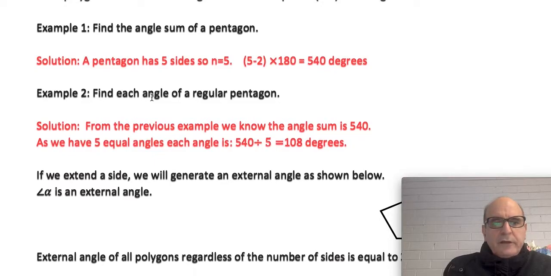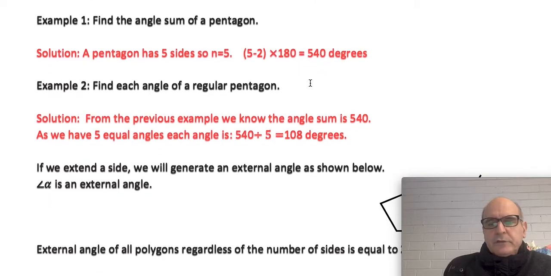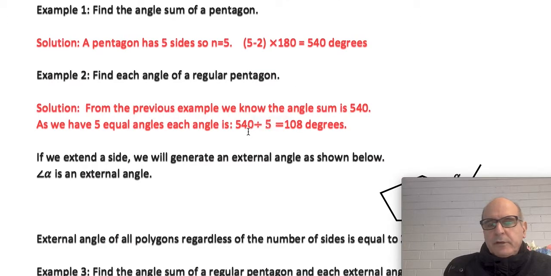Example 2: find each angle of a regular pentagon. As we said, a regular shape is a shape that has the same angles and the same sides in terms of size. So all angles are the same, all sides are the same. Now from the previous part, we found the angle sum of a pentagon is 540, so we need to divide this by 5 to get each angle.